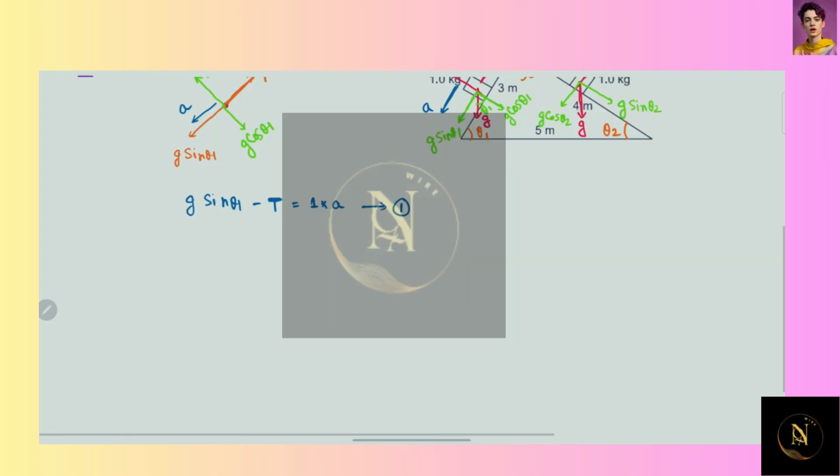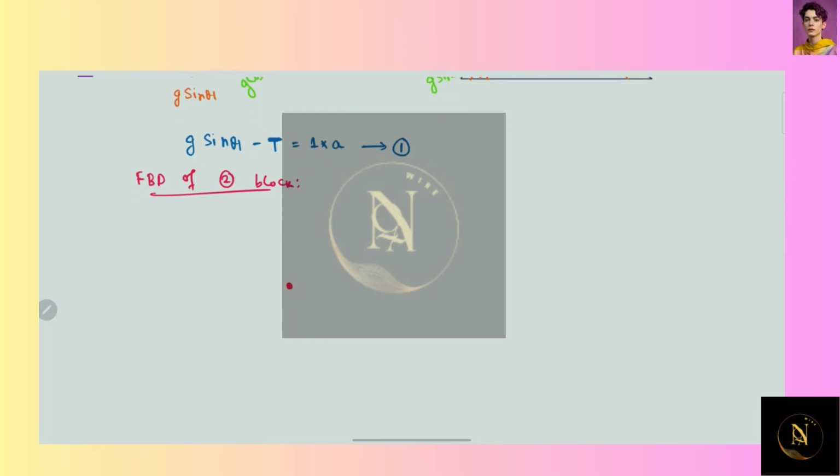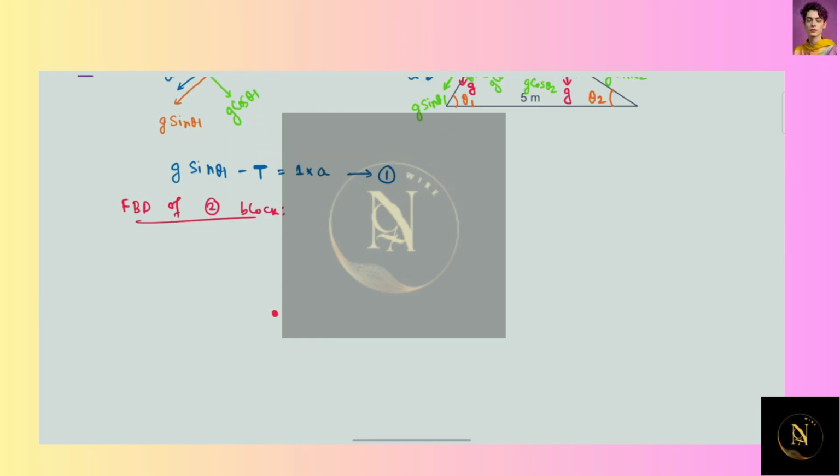Similarly, we can draw the free body diagram of the second block, replacing it by a point. On this point, the tension force is acting in the upward direction, and the g sin theta 2 force is acting in the downward direction along the inclined plane.